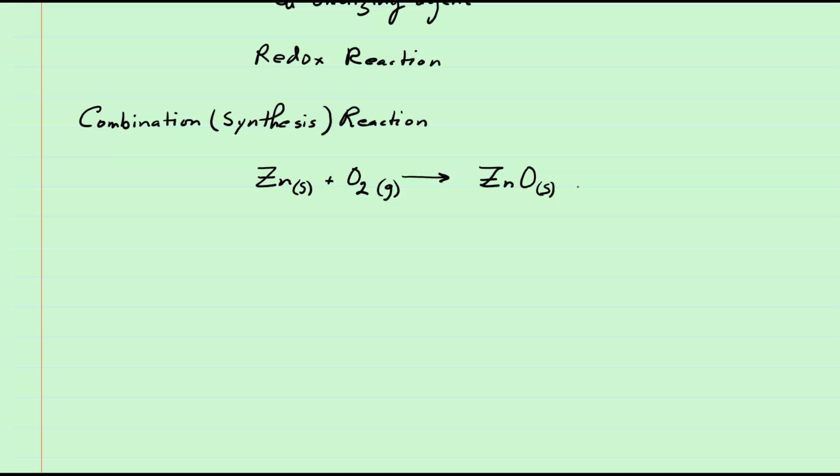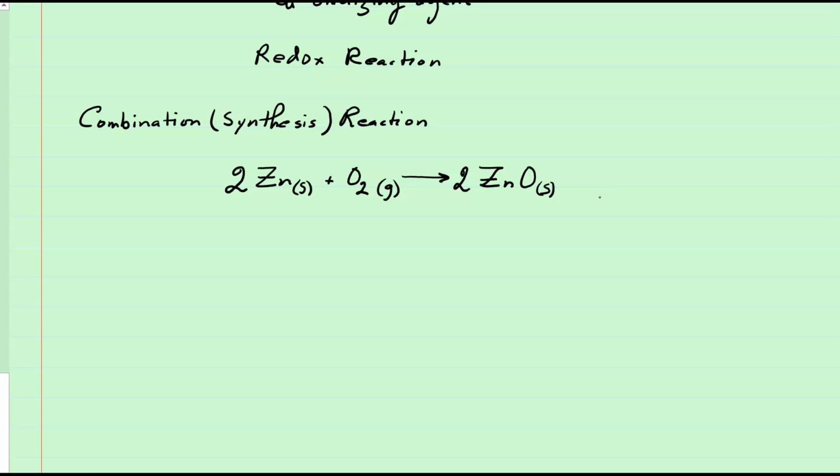So this has to be balanced. So balance here is pretty straightforward. It really says that we have 2 molecules or 2 moles of zinc have to react with 1 mole of oxygen, molecular oxygen, to form 2 moles of zinc oxide.